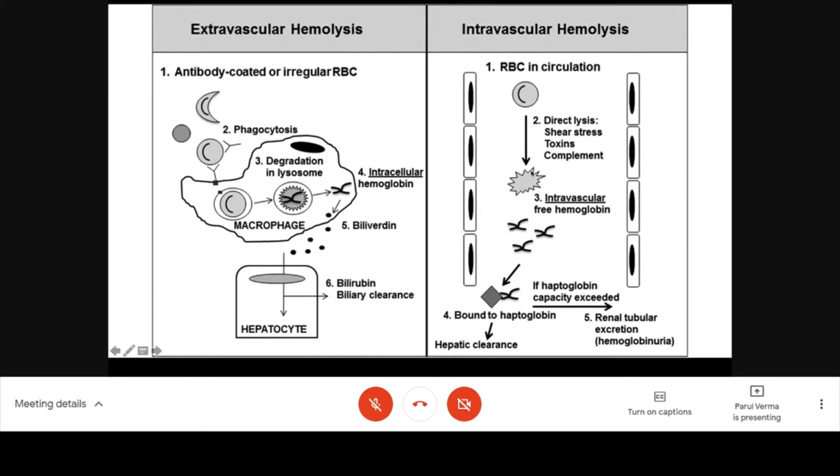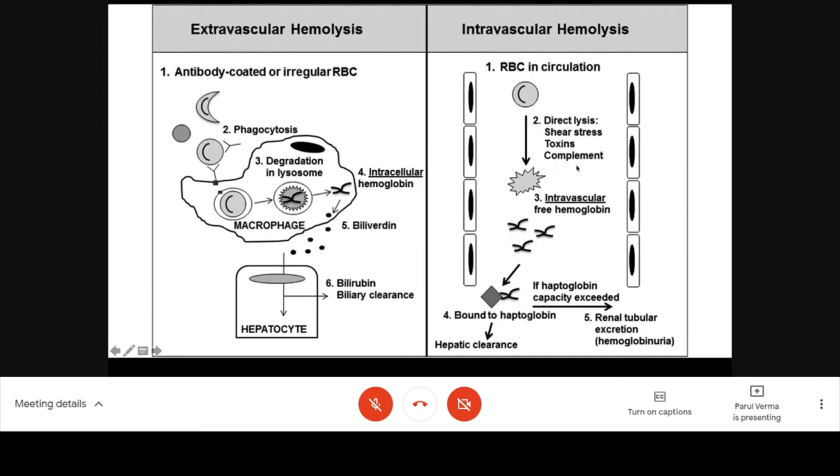On the other hand, in the case of intravascular hemolysis, the breakdown of RBC happens then and there in the circulation itself. It could be either because of direct lysis of the RBCs, or because of stress, or because of toxins like some snake envenomations, or complement-mediated lysis, as in the case of paroxysmal cold hemoglobinuria, also called PCH.